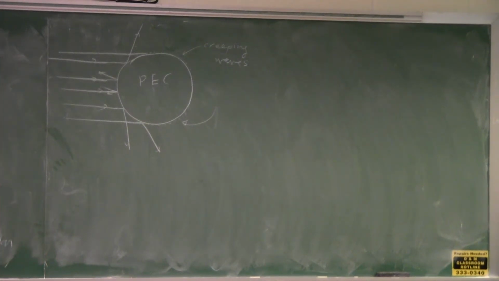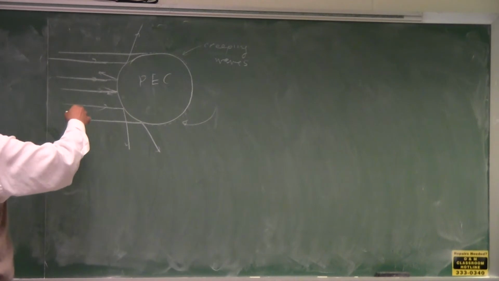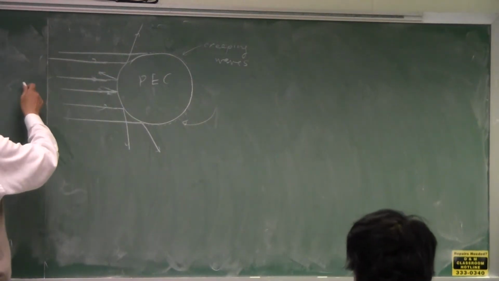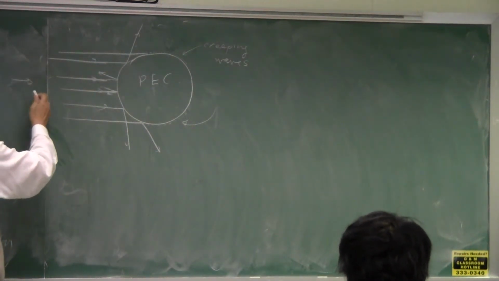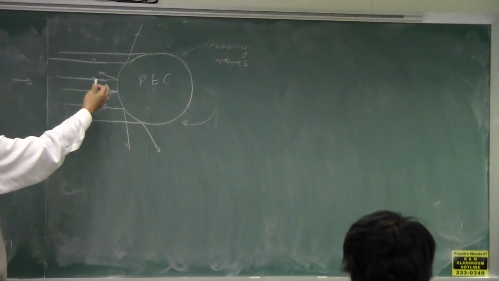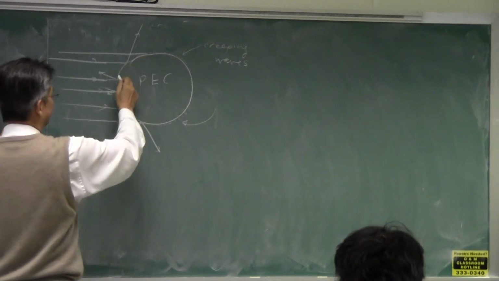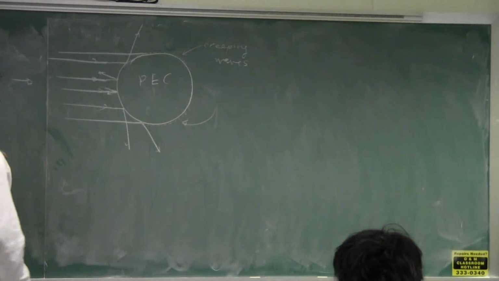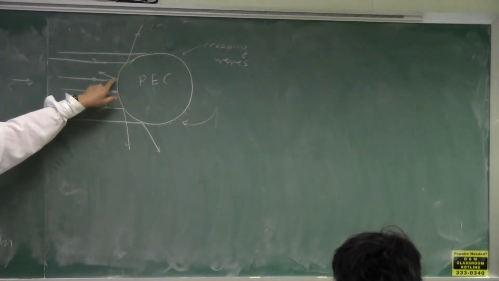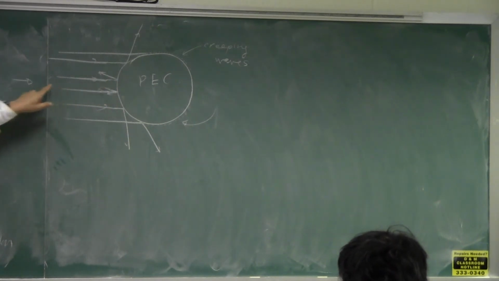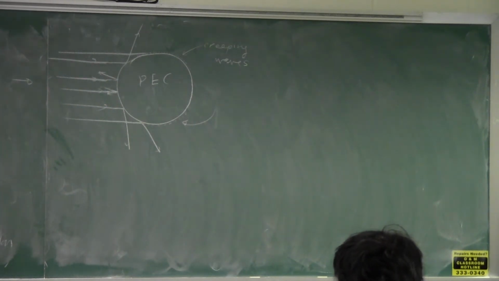These creeping waves are very important in reducing radar cross-section, because if you have an object of a certain shape and you shine a radar onto it, you would want as little reflection from this object as possible, so you start coating these things to reduce what is called backscattering. Backscattering is the part of the radar signal that comes back directly at the sensor that sends out the radar signal.